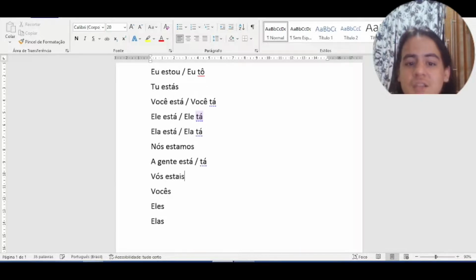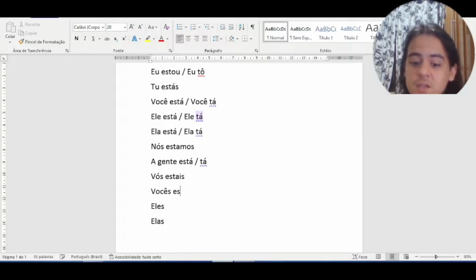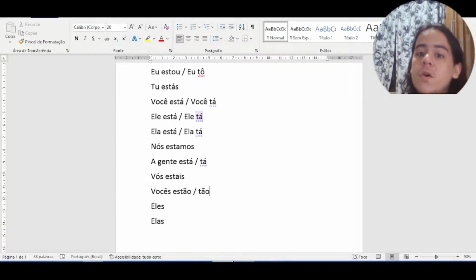Vós estáis. Vós is extremely rare in Brazil. It's more common in Portugal. In Brazil, vocês is used more. Vocês estão. And estão, we can cut out the first two letters and say tão. So we can say how are you?